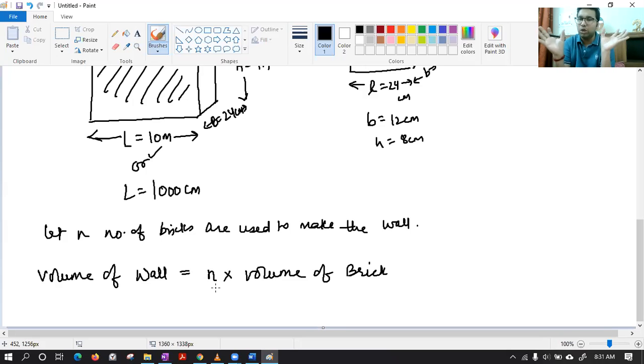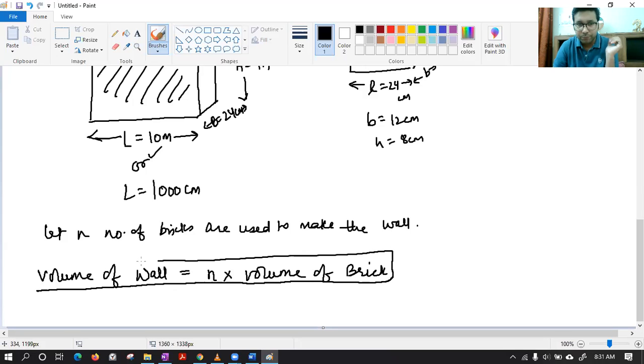So now it becomes equal, because before n it was like this: wall volume was more, it was heavier, and volume of brick was lesser. As soon as I multiplied n on the right hand side, the balance became equal, and we got this equation: volume of wall is equal to n into volume of brick.